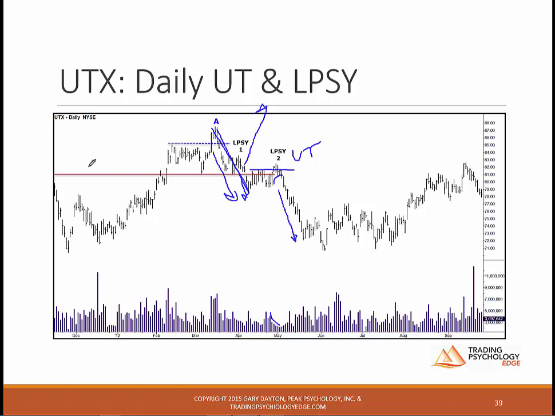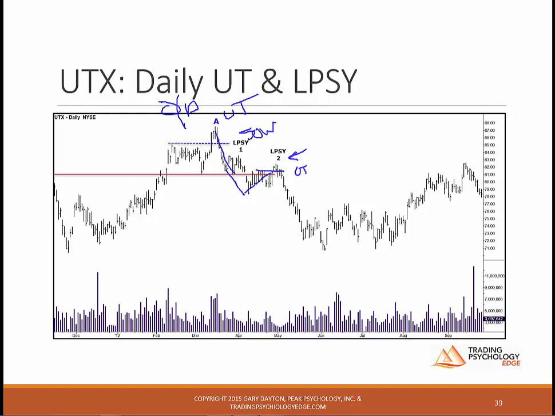So while we are at support, and while this is typically a spot where we might want to be thinking about going long, we have so many indications of weakness from being overbought, upthrust, sign of weakness, larger sign of weakness, a weak rally, and a last point of supply, and another upthrust. So we have to take the short trade here. Okay?